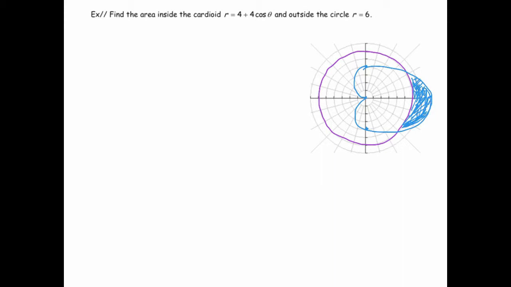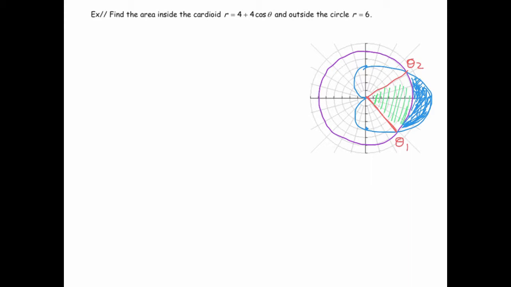Well, what you could do is just pretend the circle's not there and get the area inside the entire cardioid from this theta value, we'll just say theta 1, to this theta value, theta 2. If we can get the area inside the cardioid between those angles, then all we need to do is subtract the area inside the circle between those 2 angles. So this is the area inside the circle.